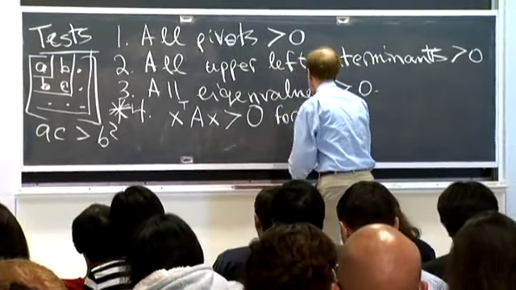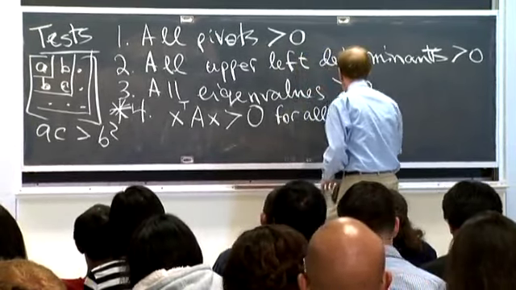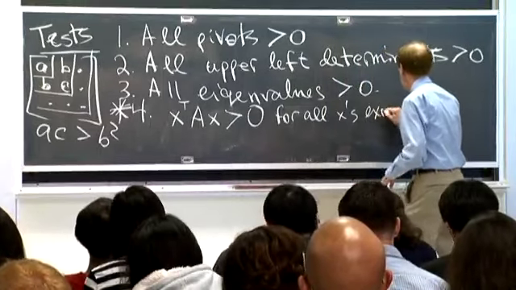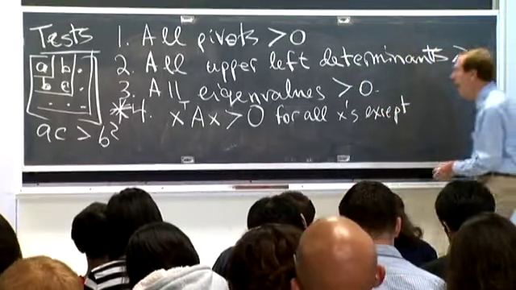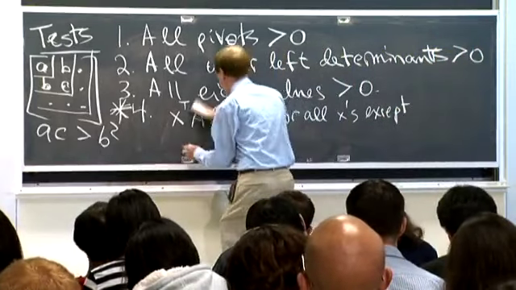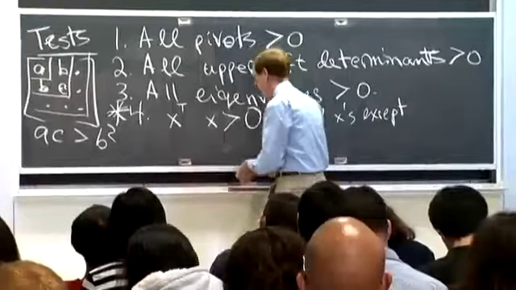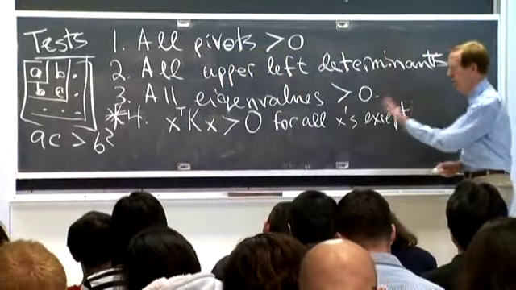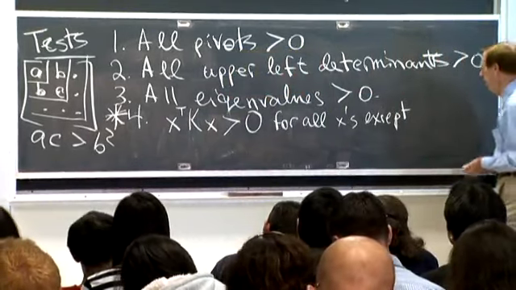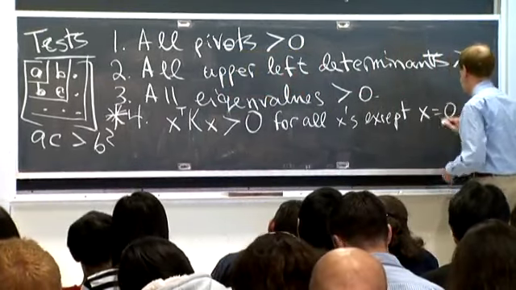Well, with one exception, of course. All x's except which vector is it? X equals 0 would just give me zero. I see how you put K. It's my default for a matrix, but it should be K. Okay, except x equals 0, except the zero vector.